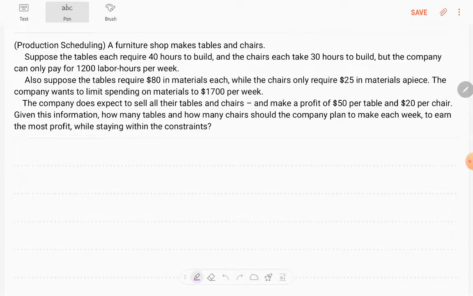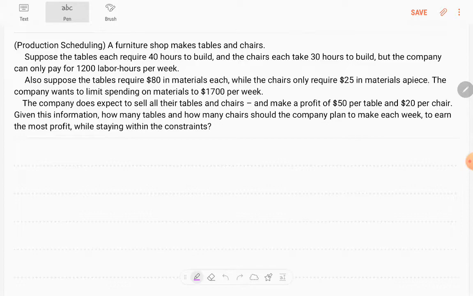Suppose the tables each require 40 hours to build, and the chairs each take 30 hours to build. But the company can only pay for 1,200 labor hours per week. Also, suppose the table requires $80 in materials each, while the chairs only require $25 in material apiece.